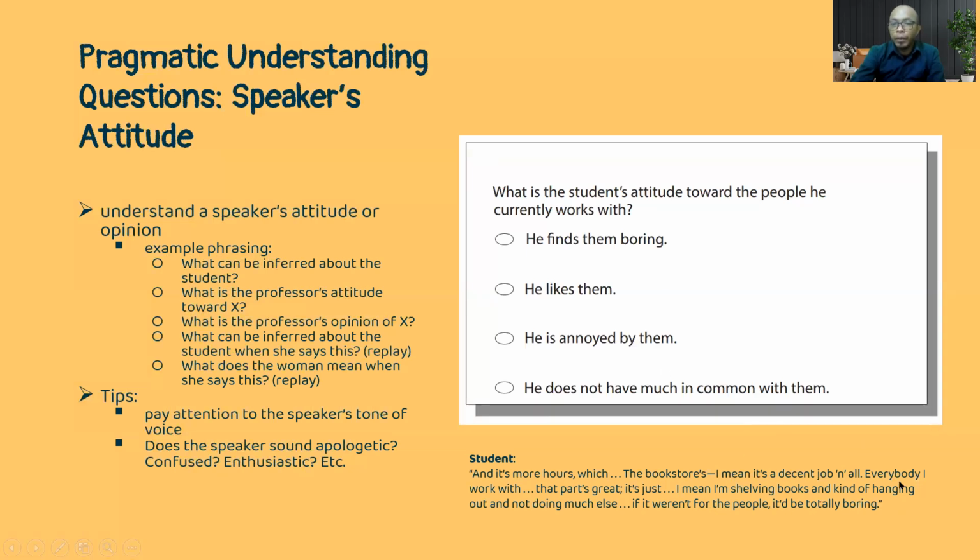But if you only focus on the word such as boring and also the tone, you will think that he has a negative attitude towards the people he currently works with, but actually he doesn't, right? Because he says if it weren't for the people, it'd be totally boring. So this means that he likes the people he works with. Therefore, the answer is the second one here. Okay, so that's the tricky part there.